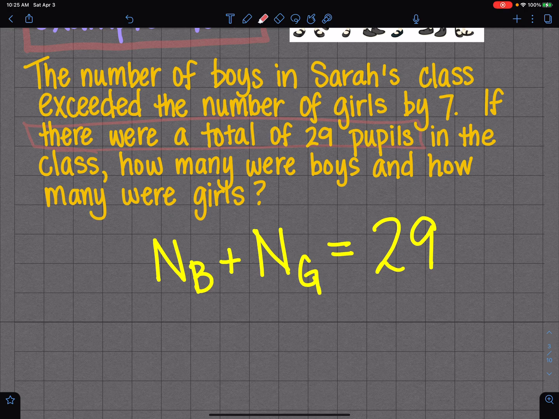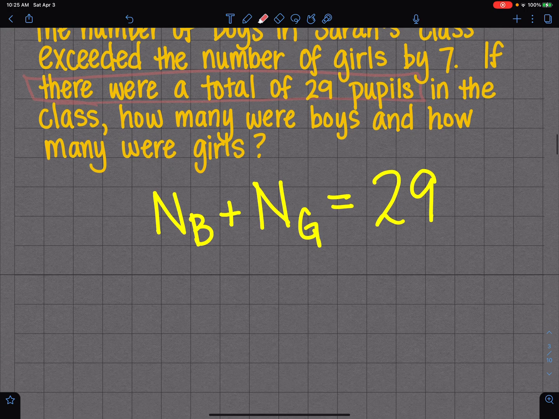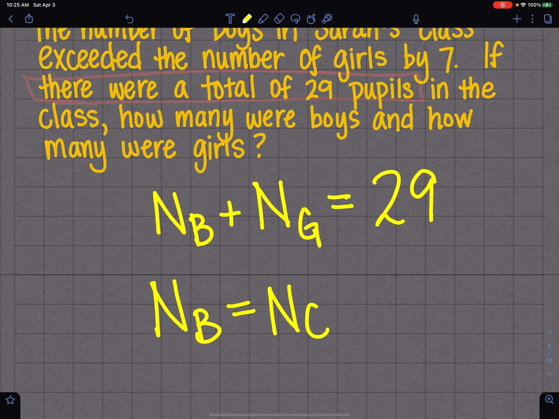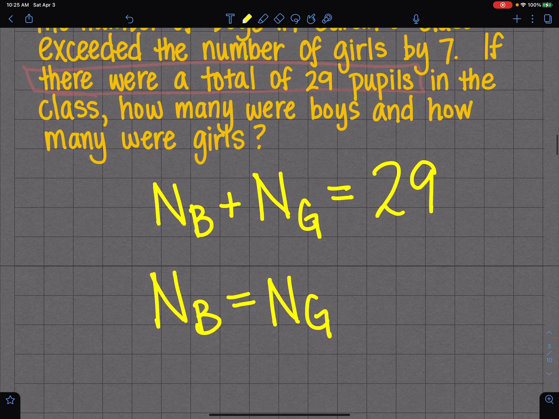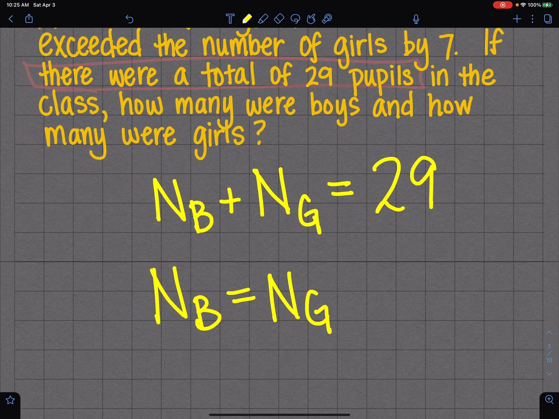Now it also says the number of boys exceeded the number of girls by 7. So I'm going to start with a statement that is not true. The number of boys is equal to the number of girls. And then I'm going to think in my head, are there more boys or more girls? It says the number of boys exceeded the number of girls. So there's more boys. So which side do I add the 7 to?